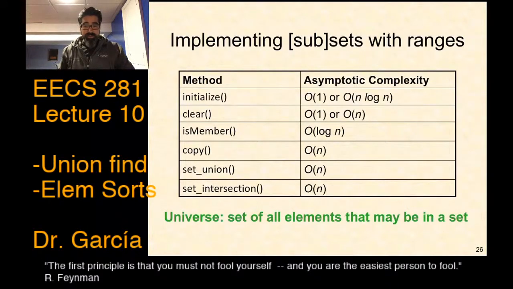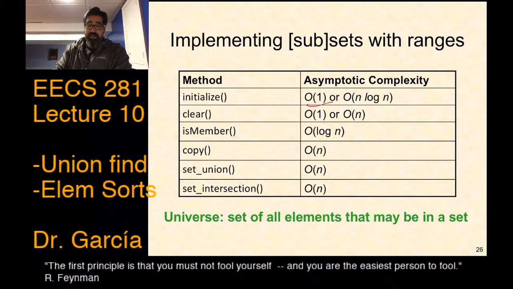Here's a summary of implementing set operations using ranges. If we implement a bunch of operations using ranges, as we showed in the previous slide, initialization, if you don't care about sorting, is basically constant time. You're given the range, so you don't need to do much.